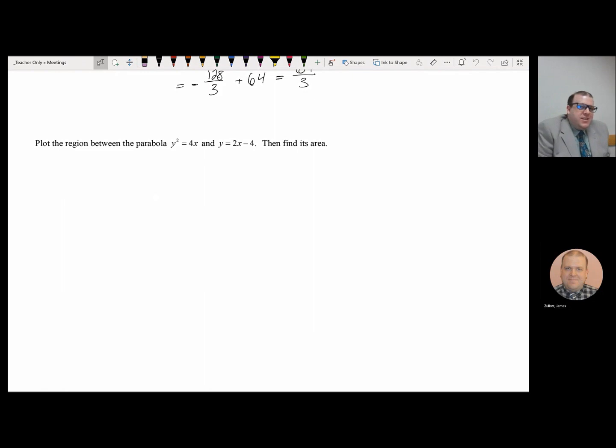Or we could write y equals 2x minus 4 as a function of y, and then integrate with respect to y. But I thought you could ignore one of the other functions. And nope. Let's try that.